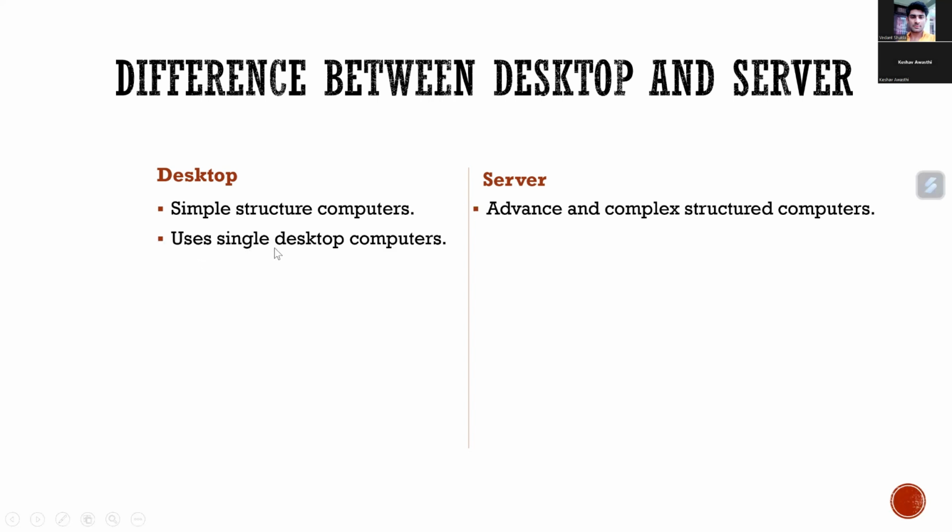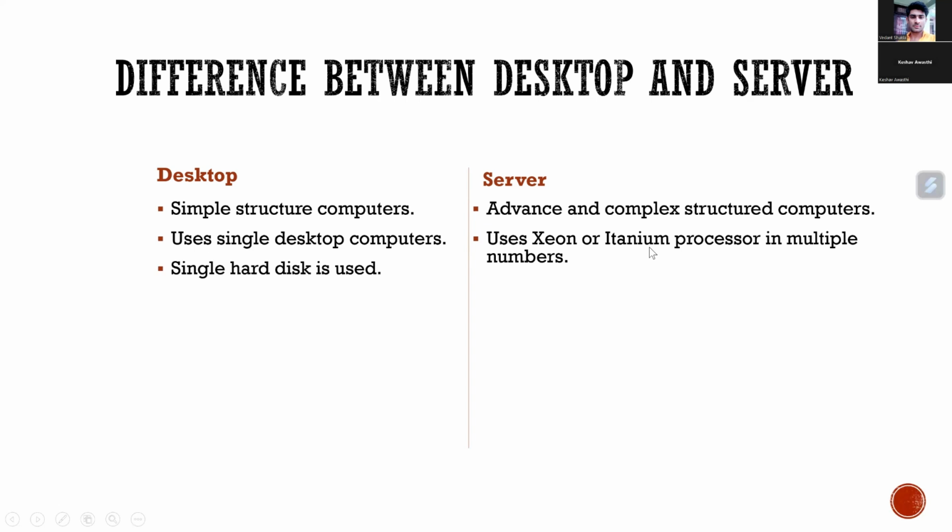A desktop uses a single processor, as I have shown you in the image of how the desktop looks, and a server uses Xeon and Itanium processors in multiple numbers. A server is a multi-processor system consisting of processors built with Xeon and Itanium.